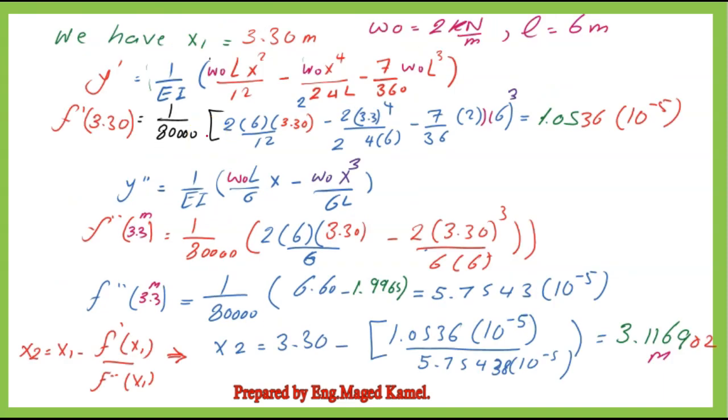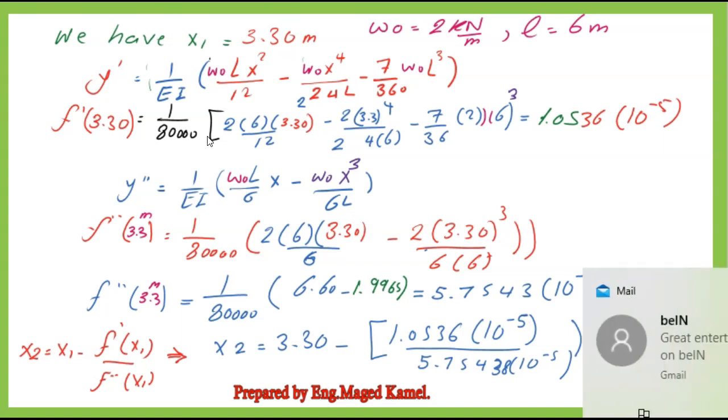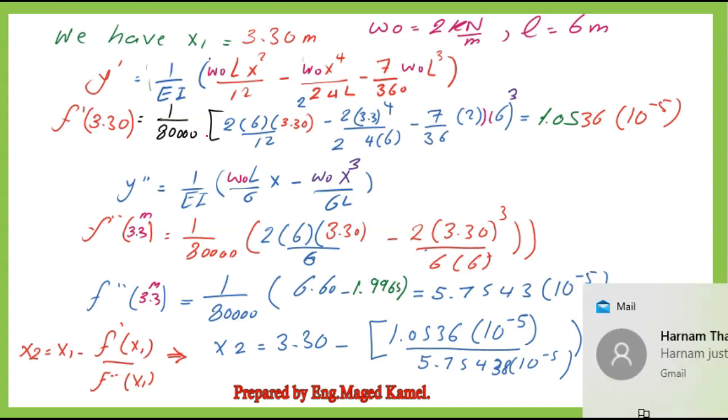From the previous calculation, we have x1 value equals 3.3. Again, we are going to get the value of f dash of x for x equal to 3.3.